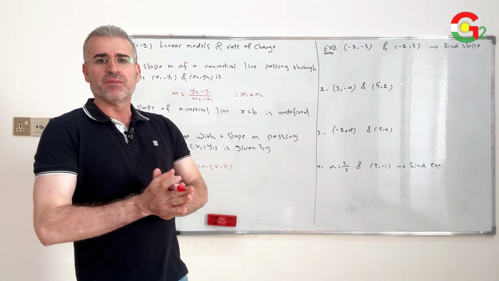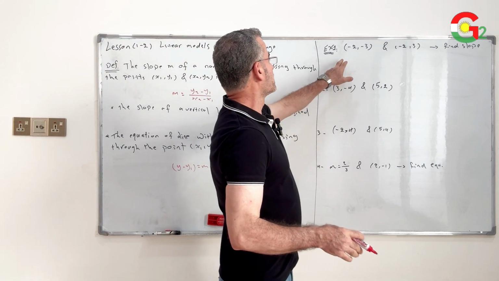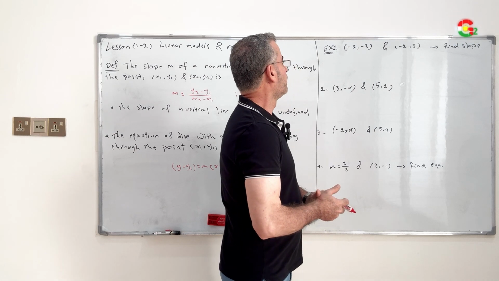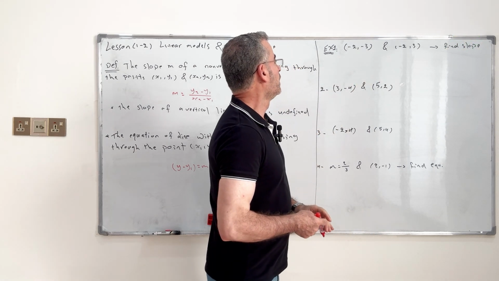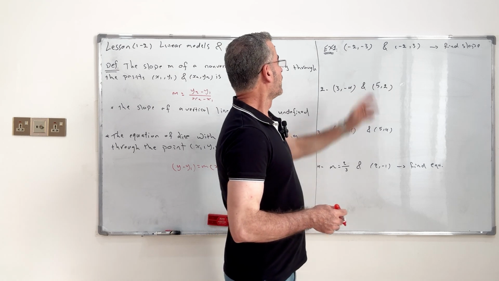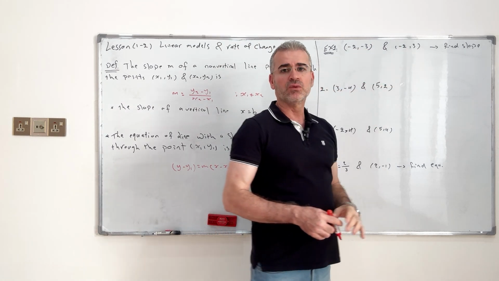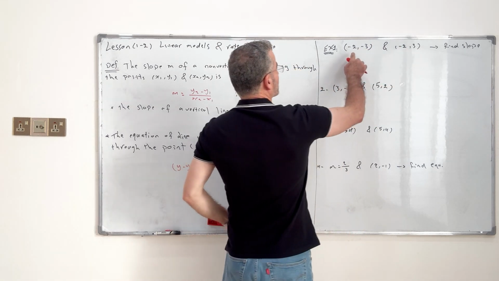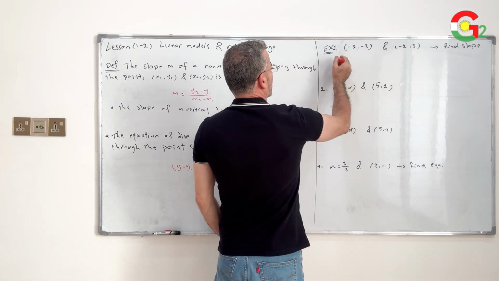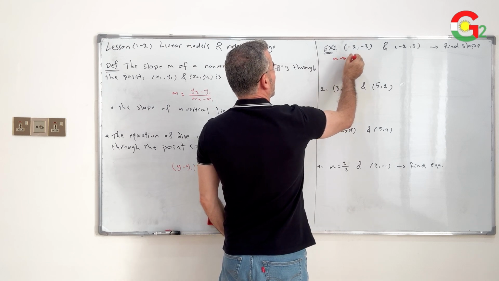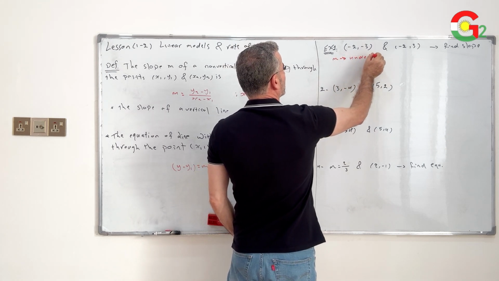Let us solve some examples. Find the slope of the line passing through the points (-2, -3) and (-2, 3). Here, since the x coordinate is the same value, the slope of this line is undefined.